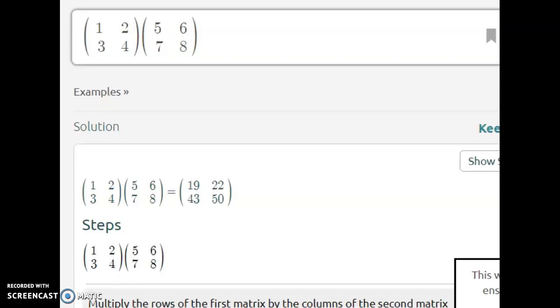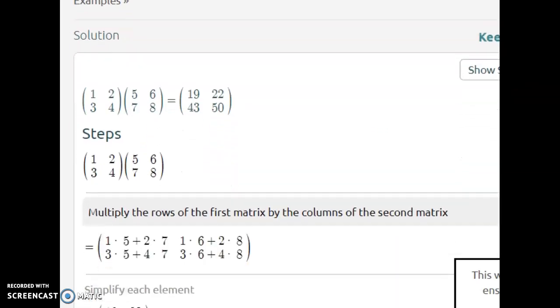And of course, Symbolab shows steps, and the way matrices are multiplied is that you multiply the first row with the first column. So 1 and 2 times 5 and 7 respectively: 1 times 5 plus 2 times 7, which we can see in the step down here.